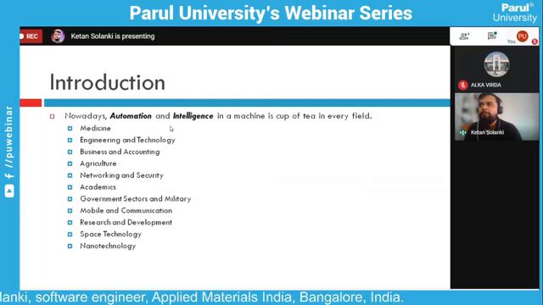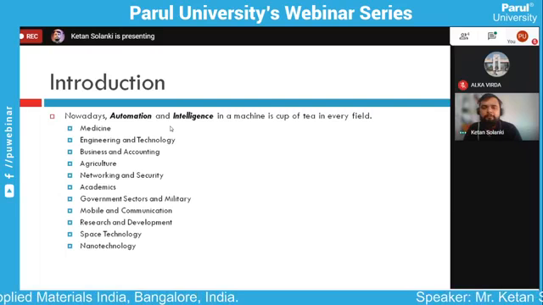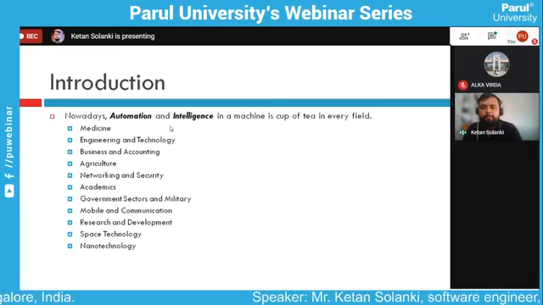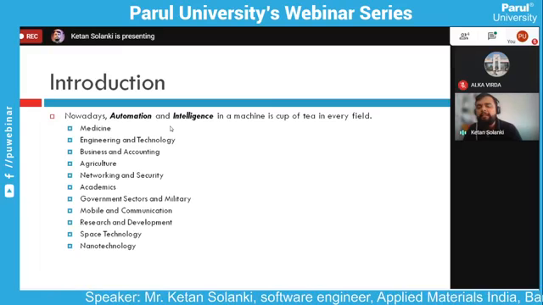For example, if we take medicine, in the biomedical or medical area, we have a lot of tools which are smart enough to diagnose problems, like the MRI scan, CT scan, and X-ray machines, even 3D X-ray machines.